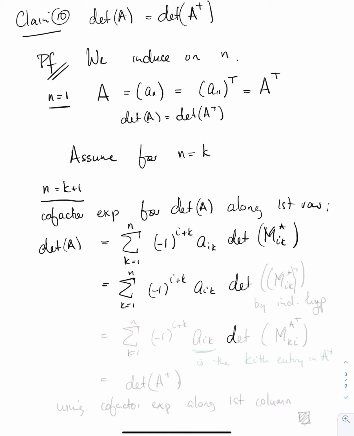So we can replace this determinant by the determinant of the transpose of this matrix by the inductive hypothesis. And then, as we noted before, the transpose of that mini-matrix corresponds to a matrix in A transpose.